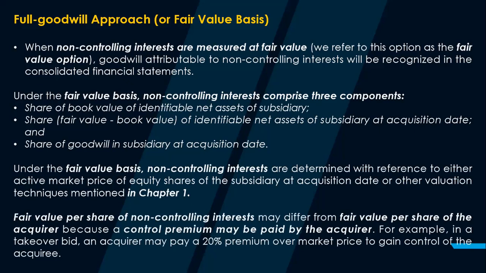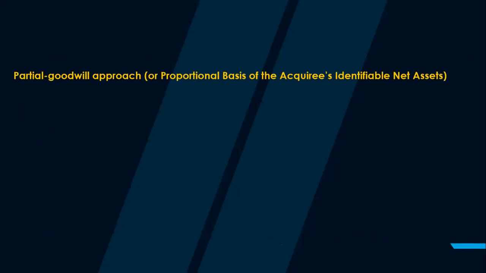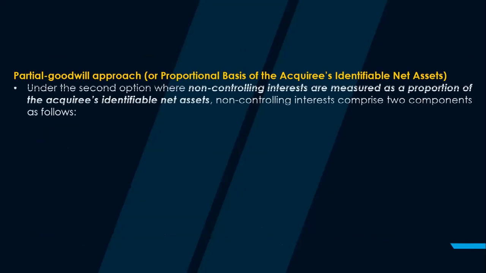Fair value per share of non-controlling interest may differ from fair value per share of the acquirer because a control premium may be paid by the acquirer. For example, in a takeover bid, an acquirer may pay a 20% premium over market price to gain control of the acquiree.